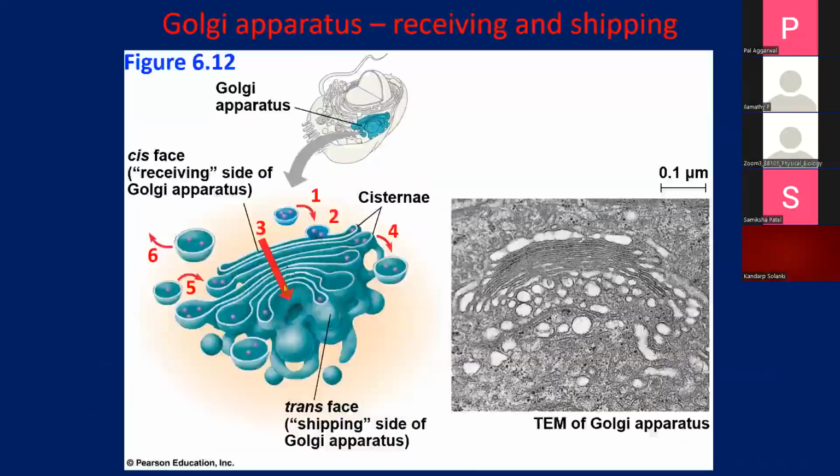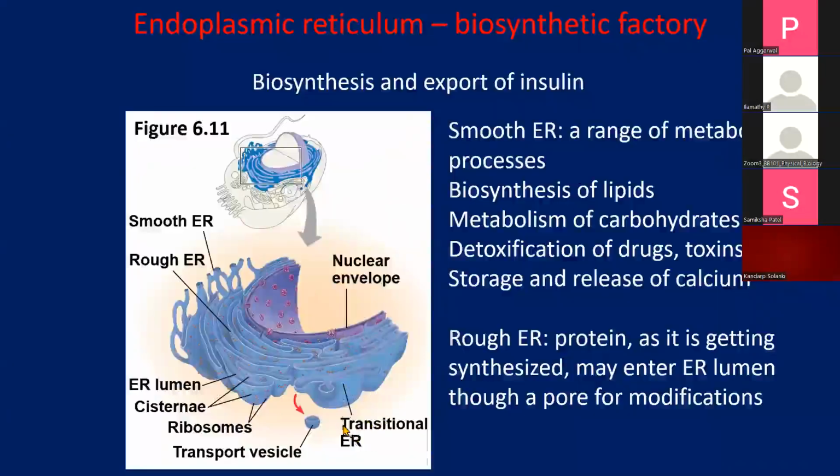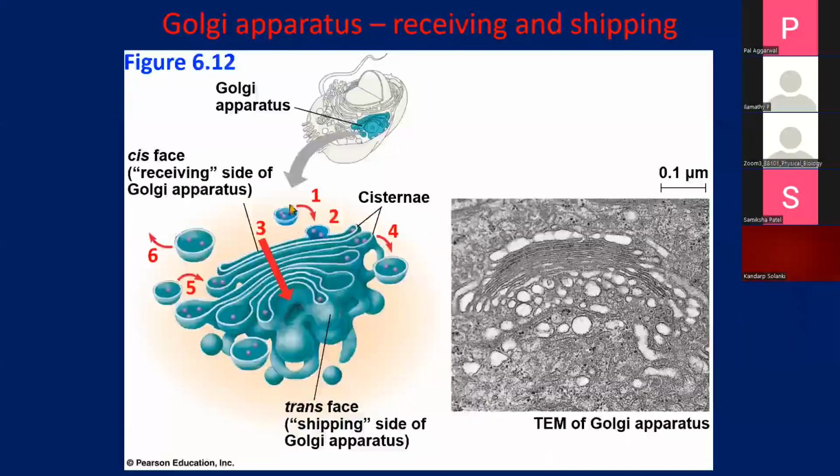In the Golgi apparatus, the transport vesicle coming from the endoplasmic reticulum attaches to the transitional cistern and can be moved along the outer surface.